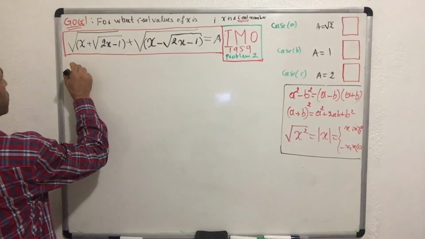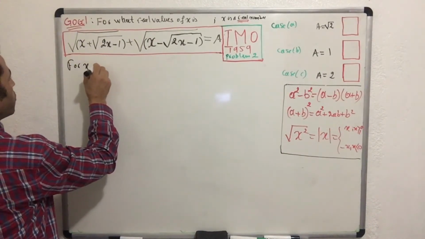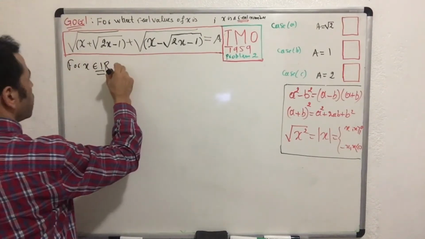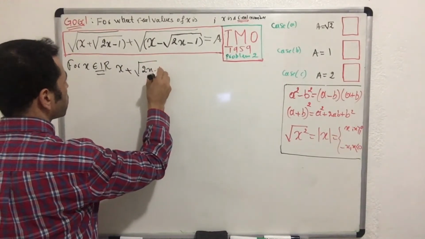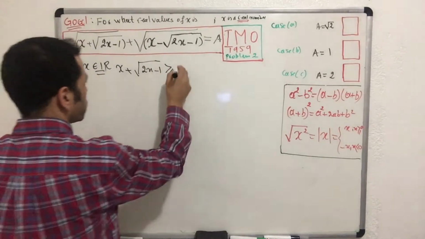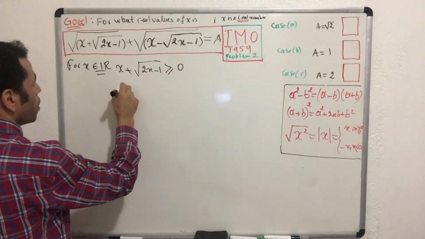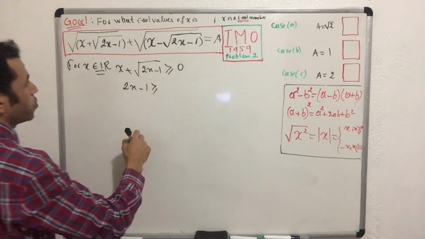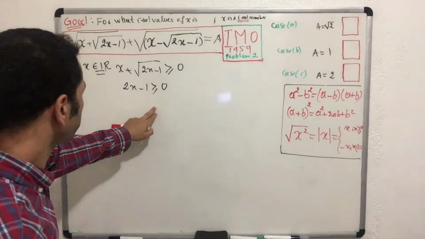We have x as a real number, x plus square root of 2x minus 1 has to be superior or equal 0, and also 2x minus 1 has to be superior or equal 0 as well.